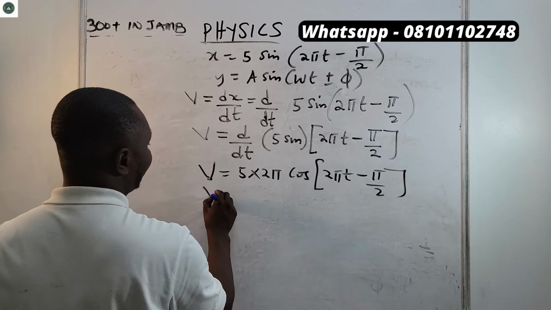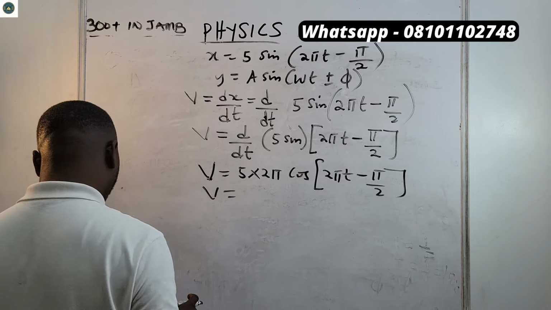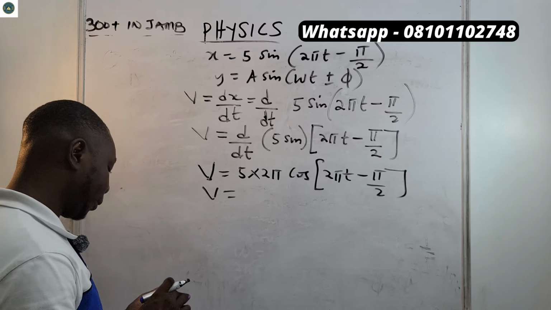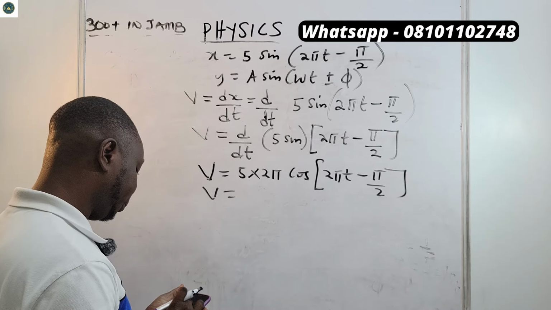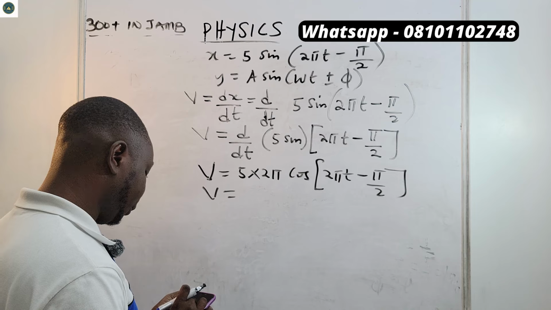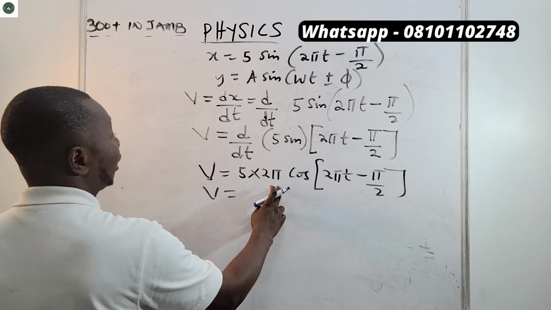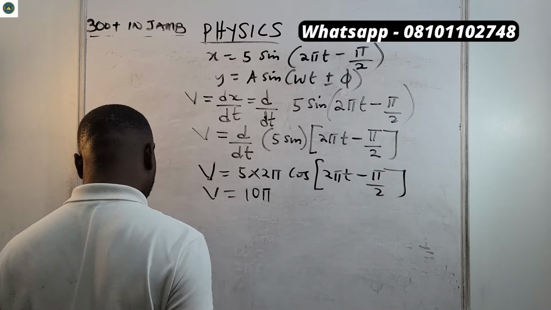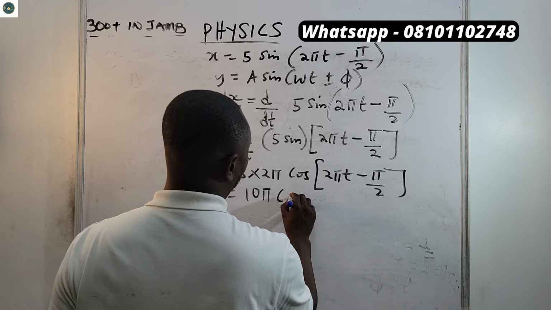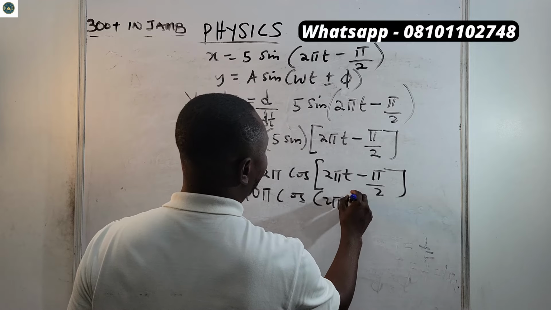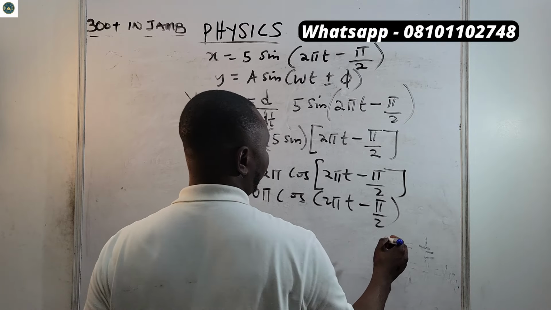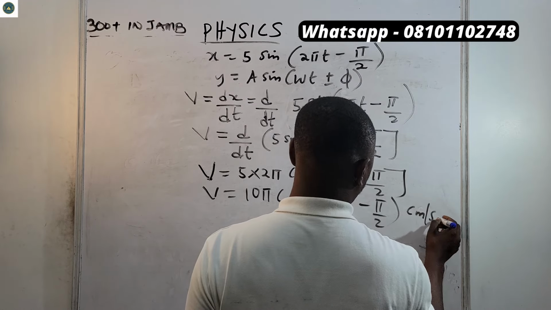So definitely my V becomes 5 times 2, which is 10. So 10 pi, you have 10 pi cos(2 pi t minus pi over 2) centimeter per second.